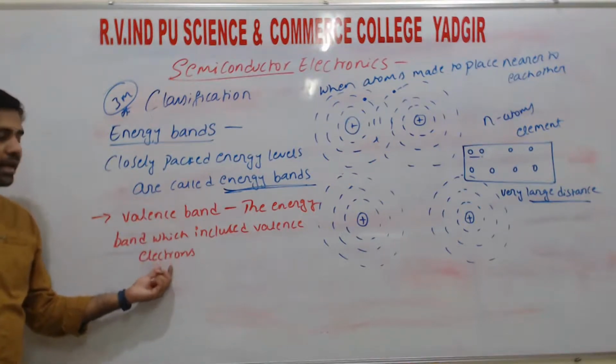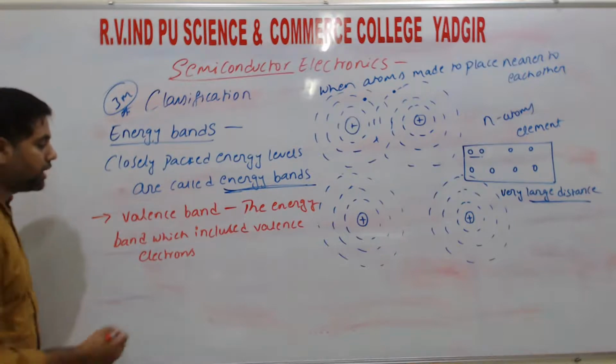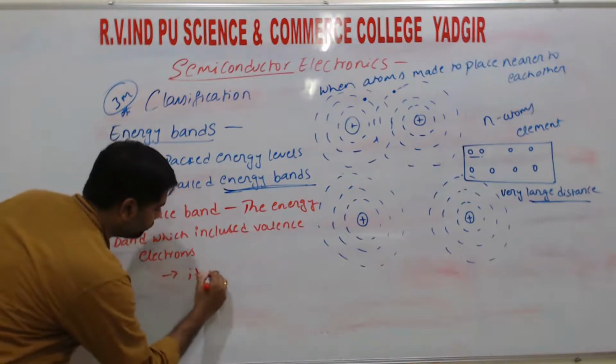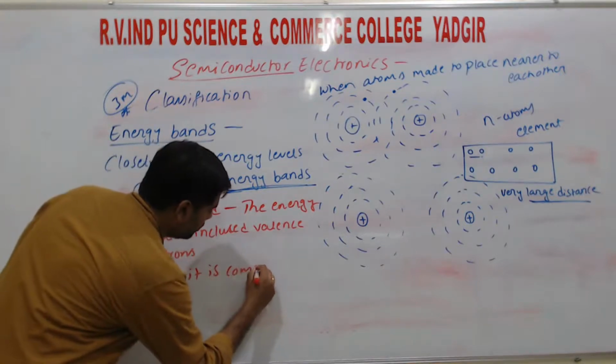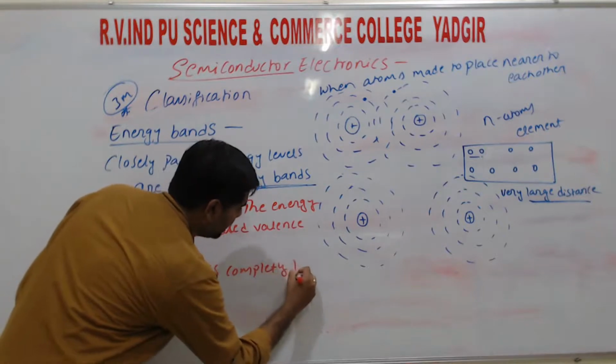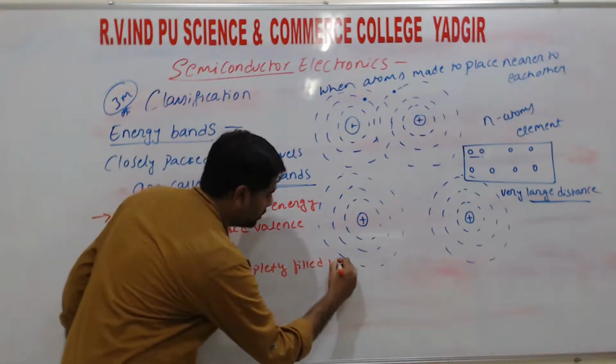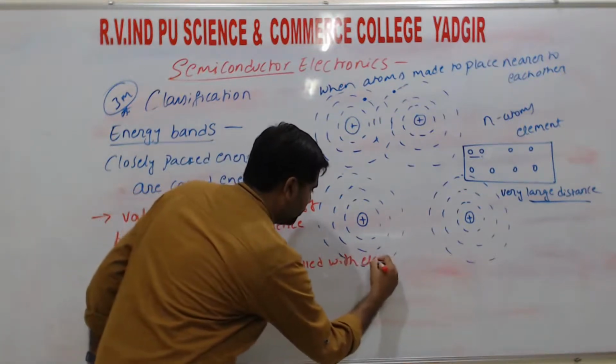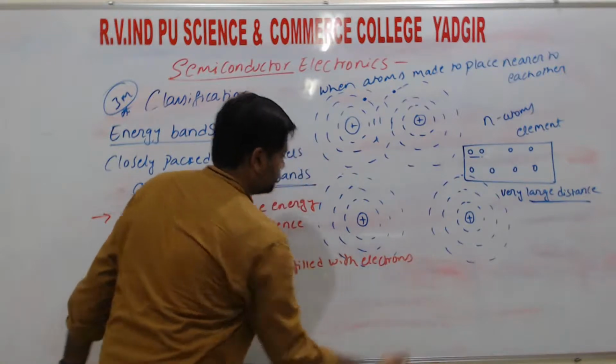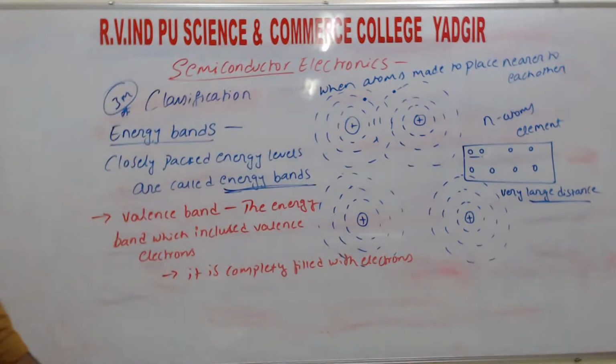So it contains valence electrons, and it is completely filled with electrons. Right, so that one is the valence band.